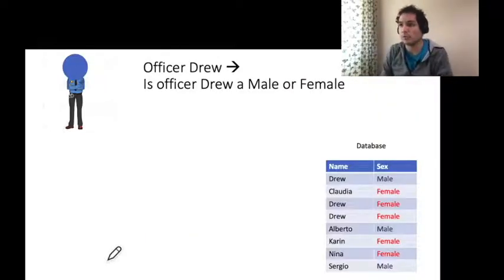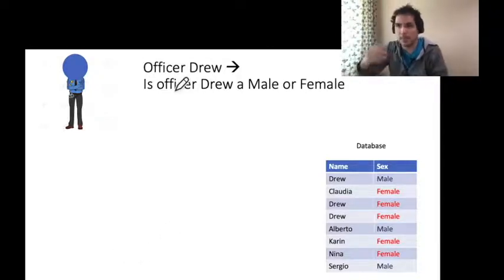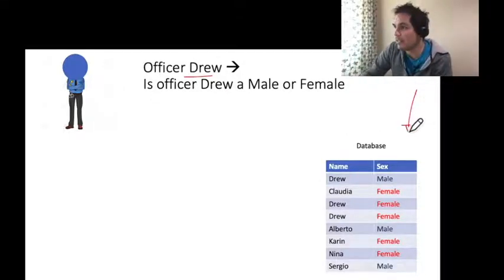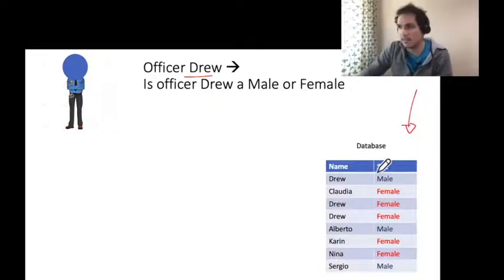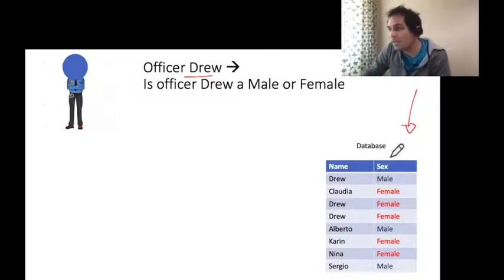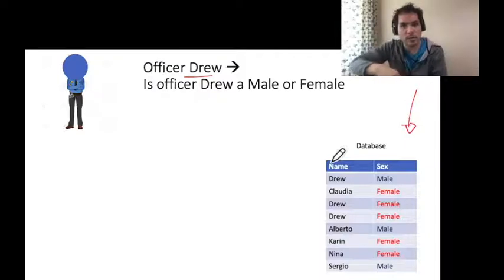Let's say we are talking about a police officer. We don't know the sex. All we know is that this person is Drew, and this is going to be my database. Let's assume we know all the Garda persons in Ireland, and this is the database we collected. A new Garda comes into my room and tells me, my name is Drew.